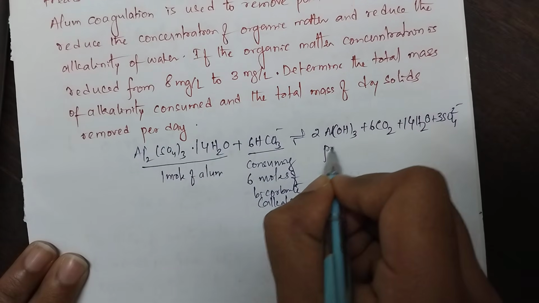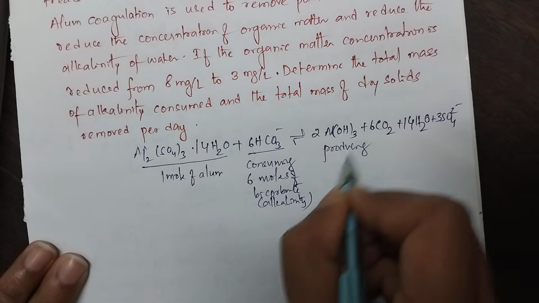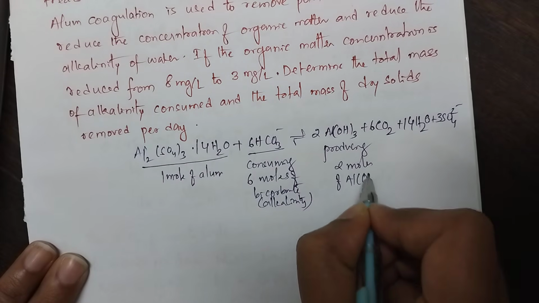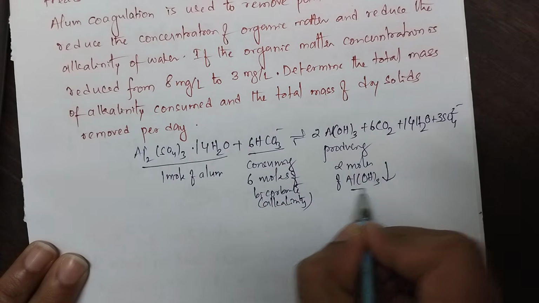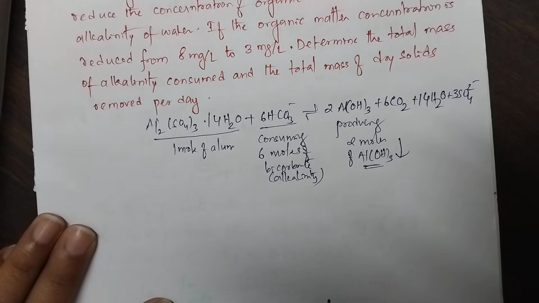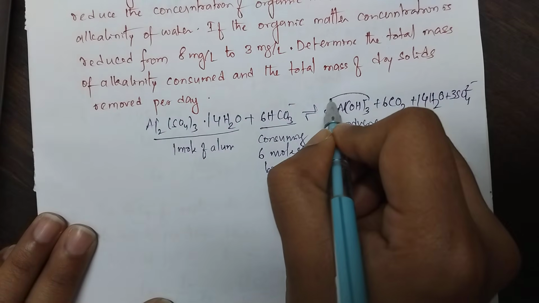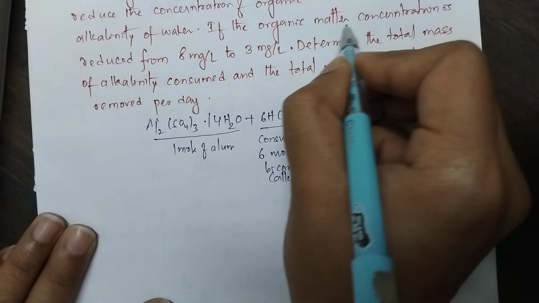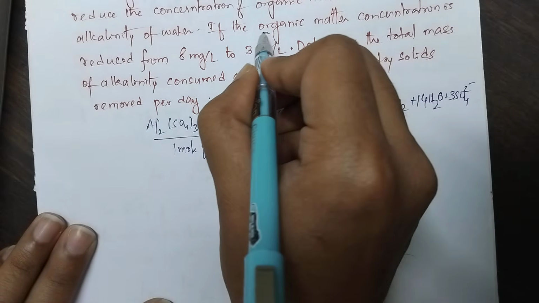and it is producing 2 moles of aluminum hydroxide. This aluminum hydroxide is solid precipitate. So there are basically 2 solid precipitates. One is aluminum hydroxide and the other is the settlement of organic matter.